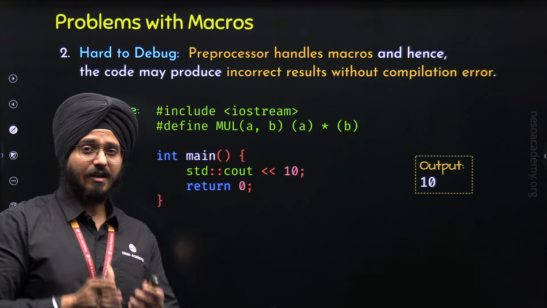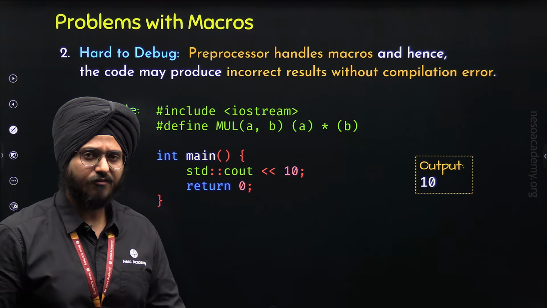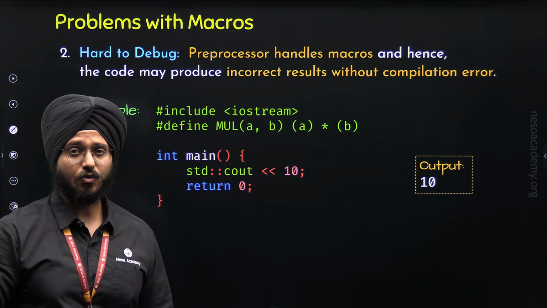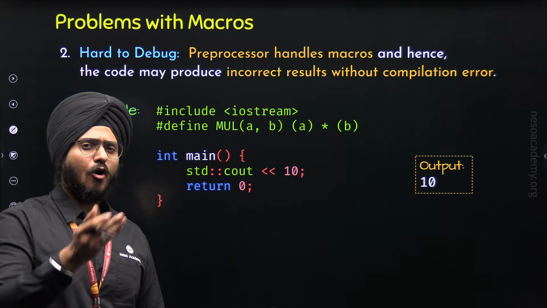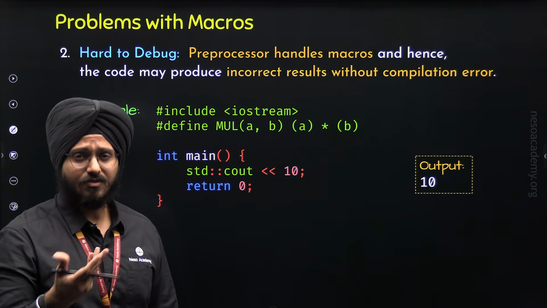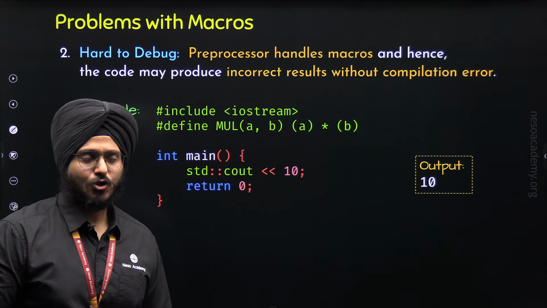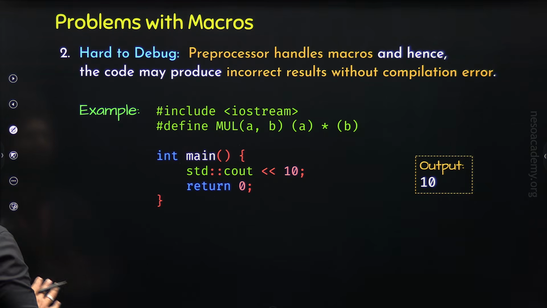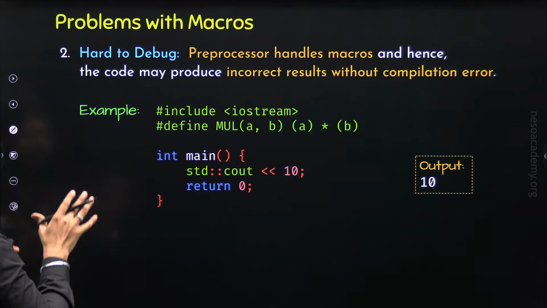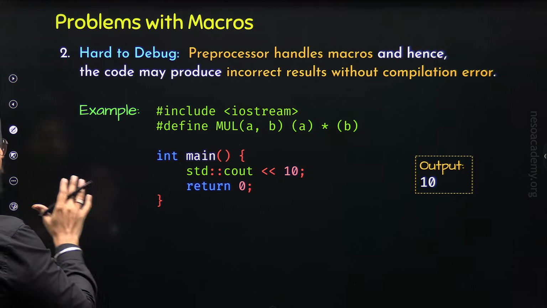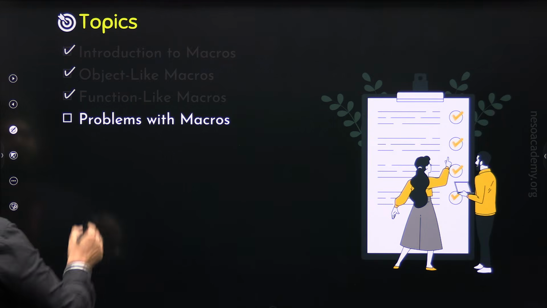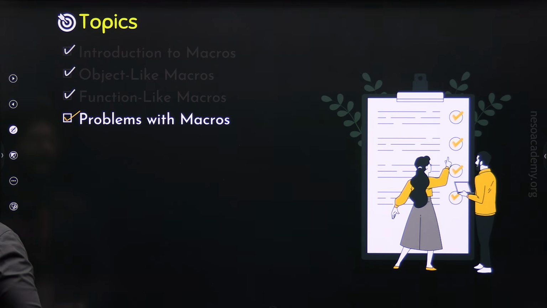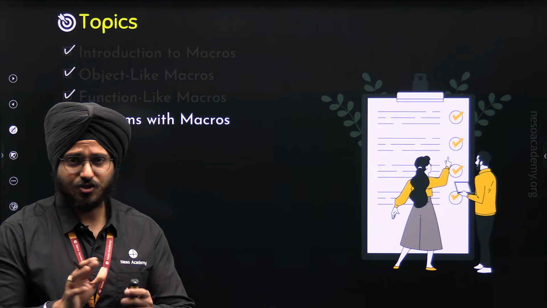We can use inline functions in place of these function-like macros. In place of object-like macros, we can use constant variables. So with this, we have learned the problems associated with macros, and now we know why macros are disregarded in modern C++. This means we are done with the last topic as well, and we are done with this lecture.